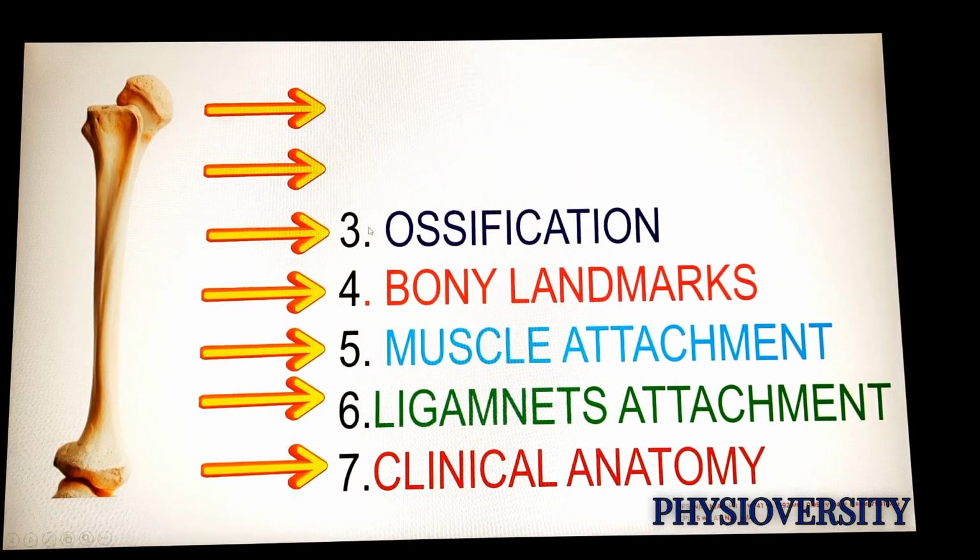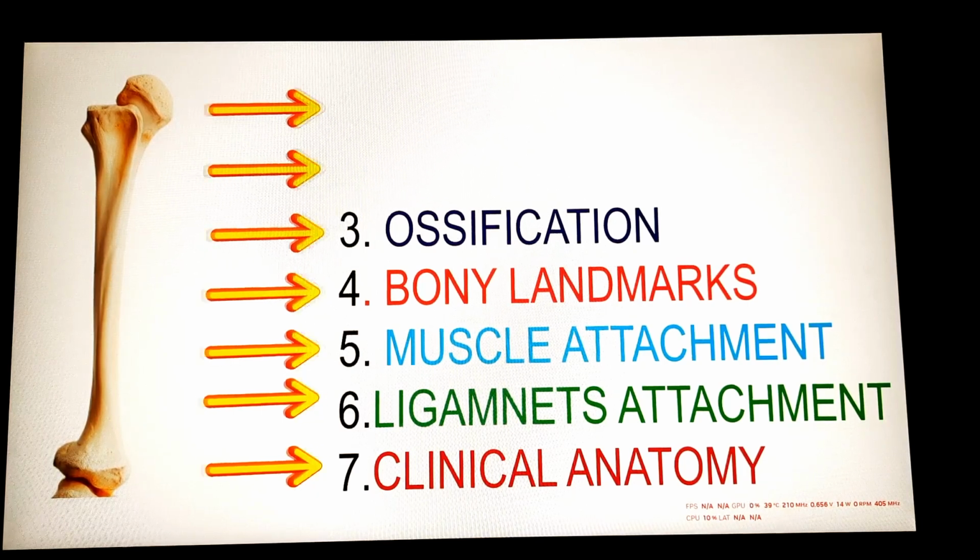The third point is the ossification. Ossification means how the bone is getting matured. Each of the bones has primary and secondary ossification. When the baby is in the mother's womb, in the uterus, the primary ossification starts, and it ends for most of the bones within the age group of 2 to 3.